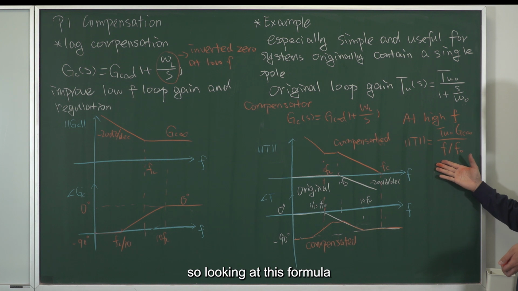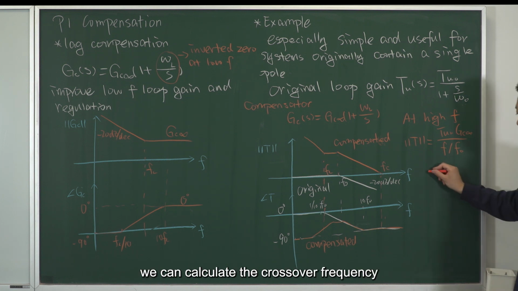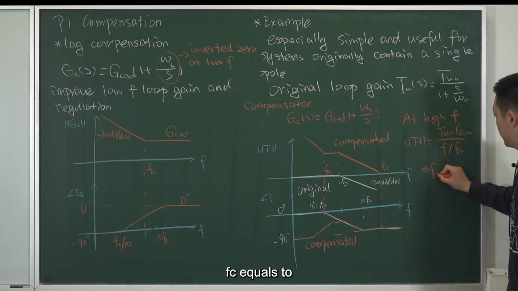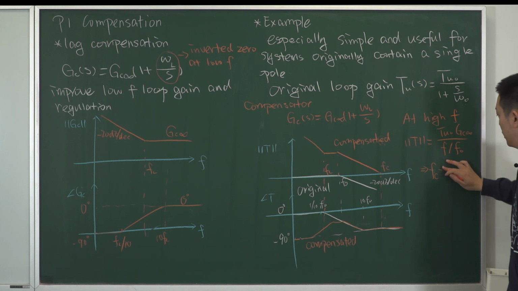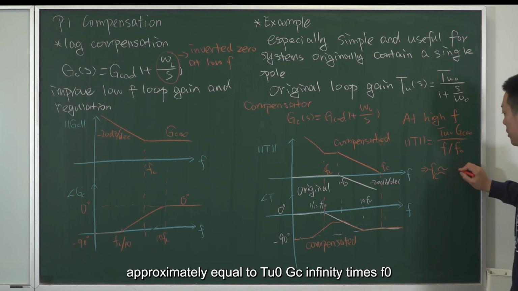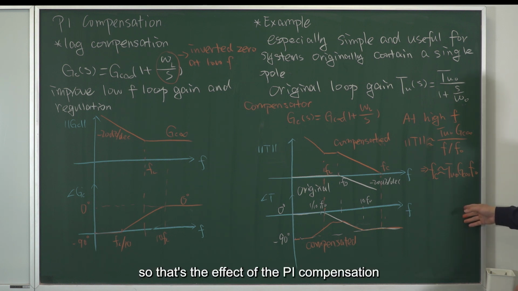Looking at this formula, we can calculate the crossover frequency: Fc is approximately equal to TU0 times GC infinity times F0. So that's the effect of the PI compensation.